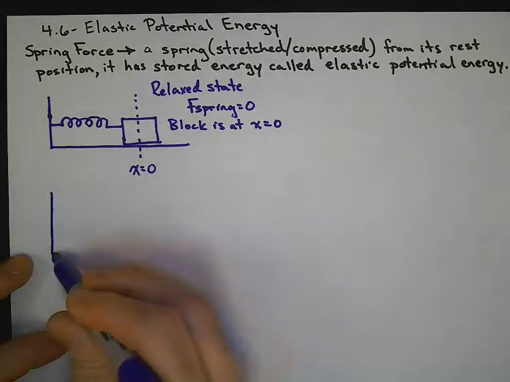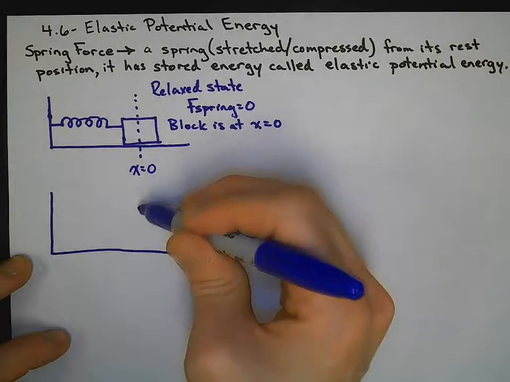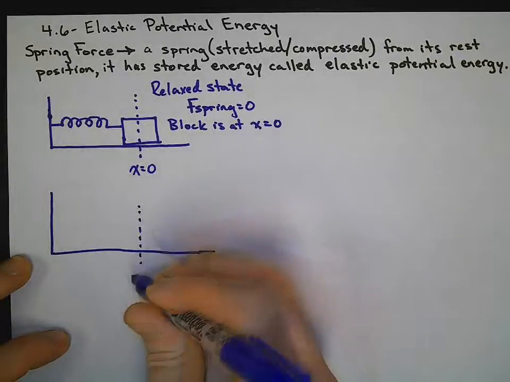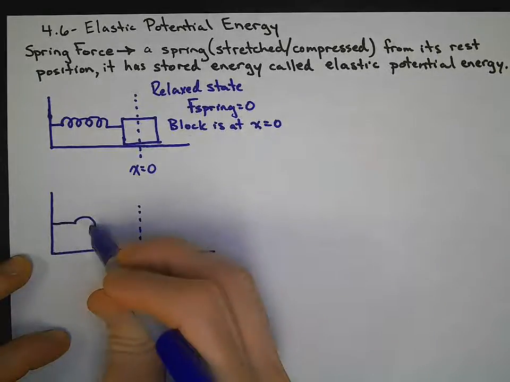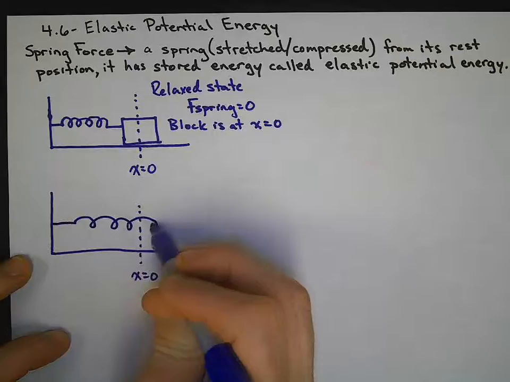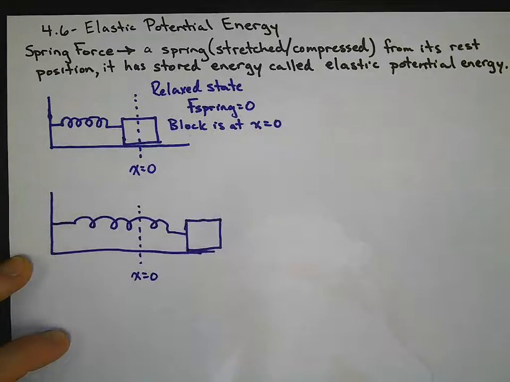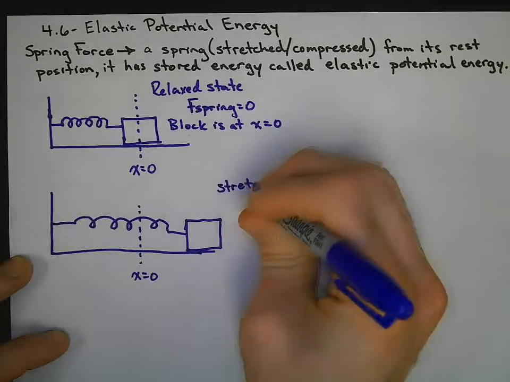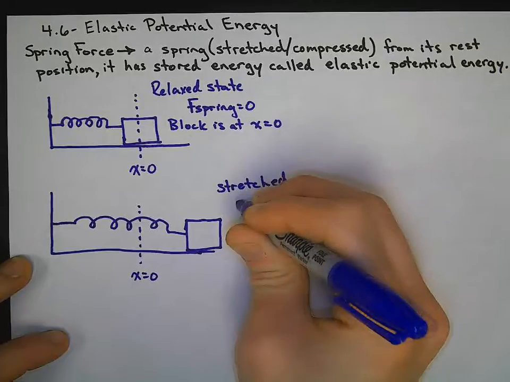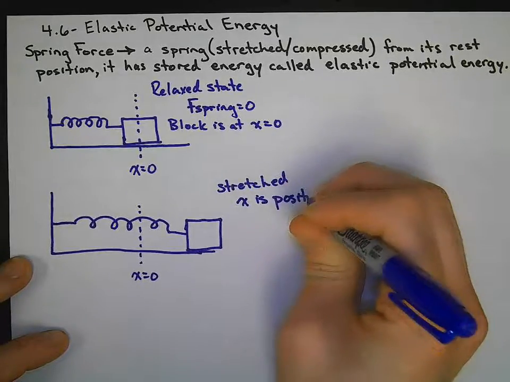Okay, well, let's take another scenario here. Let's have x equals 0 drawn around the same spot. And in this case, we are going to stretch out this spring. And when this spring is stretched, we say that our displacement, x, is in the positive direction.